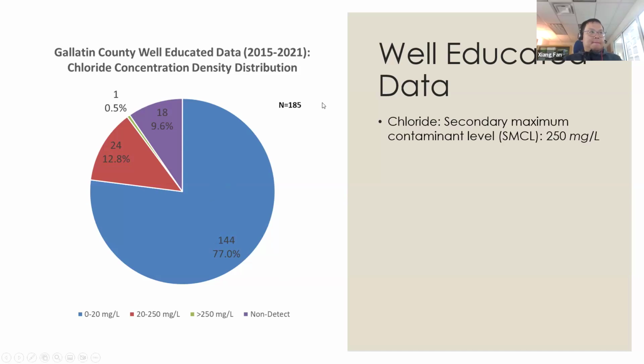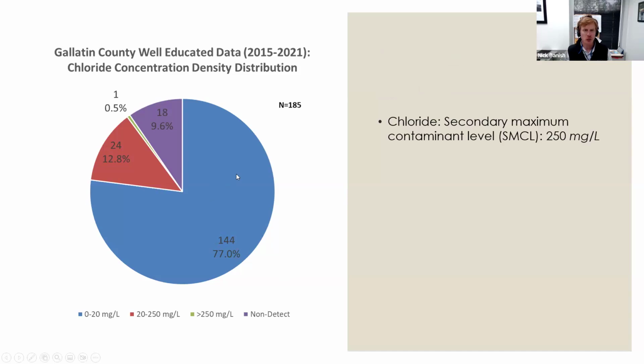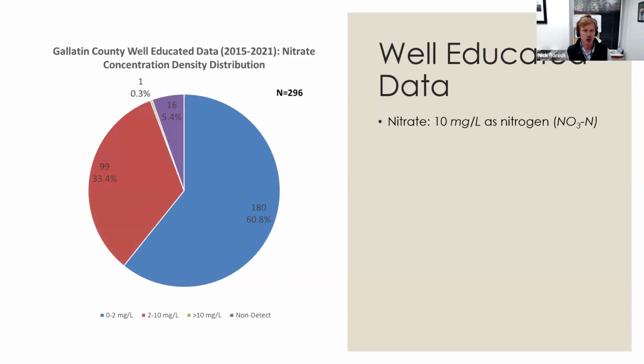Thanks. I just wanted to cover something real quick, folks. You may be asking, why did you look at those concentration ranges that you did? For instance, this 180 observations here between 0 and 2 milligrams per liter. We often think of 2 milligrams per liter as the uppermost extent of what could occur naturally with nitrogen in groundwater.